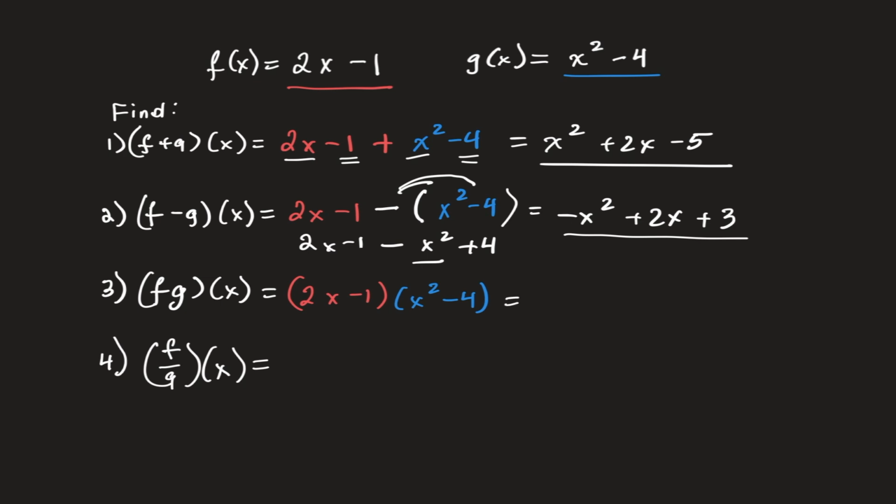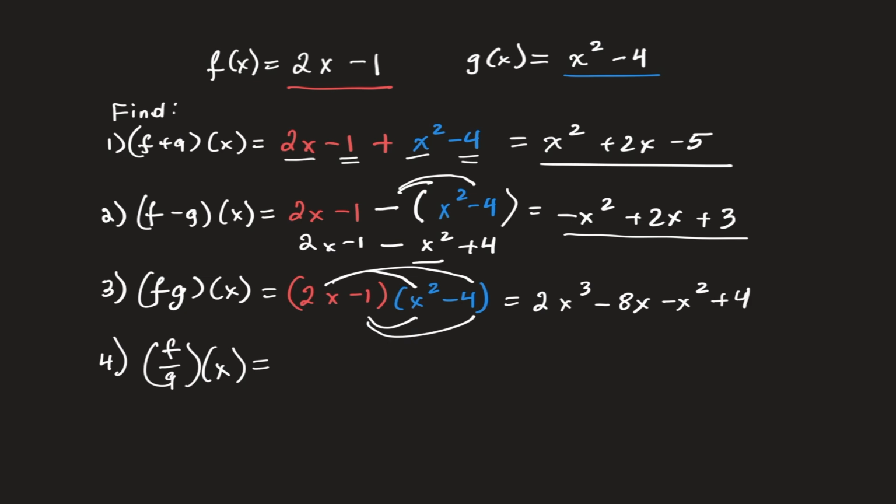FOIL is first, so you're going to multiply the two first terms, which would give me 2x cubed; outer, which is negative 8x; inner, which is negative x squared; and last, which is positive 4.